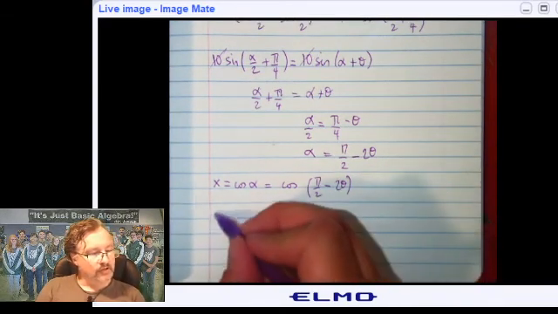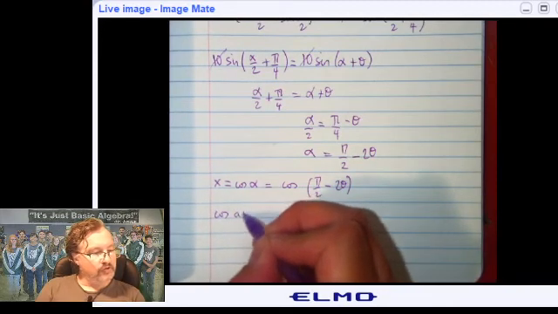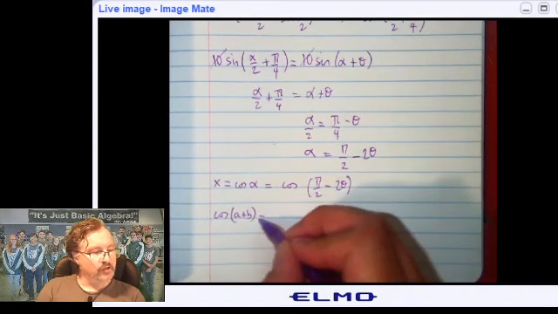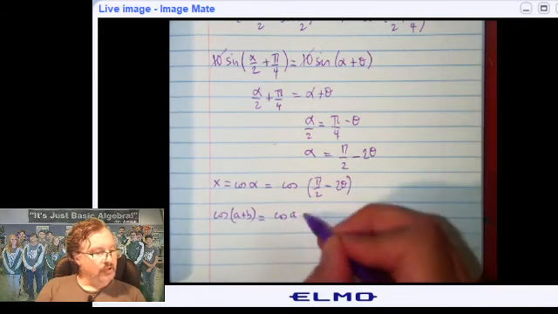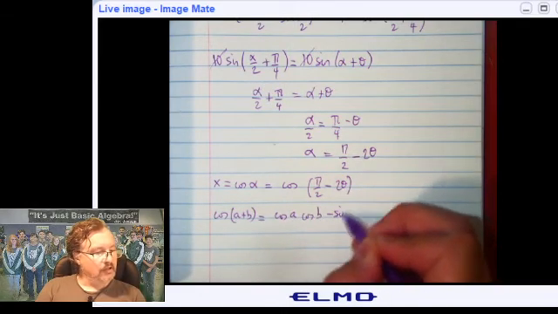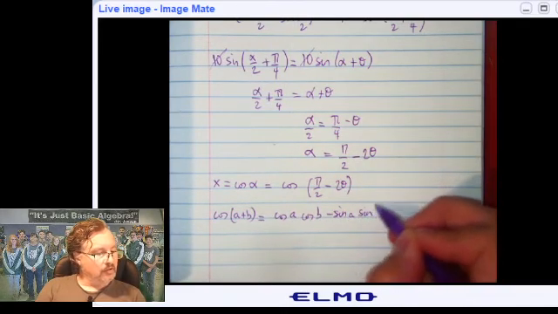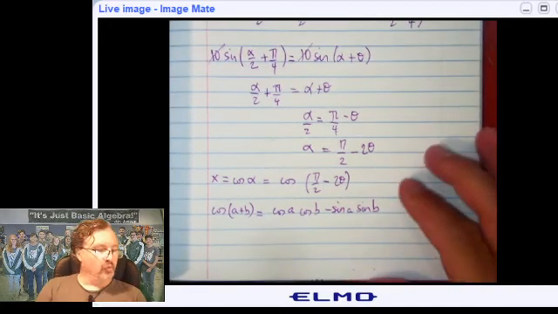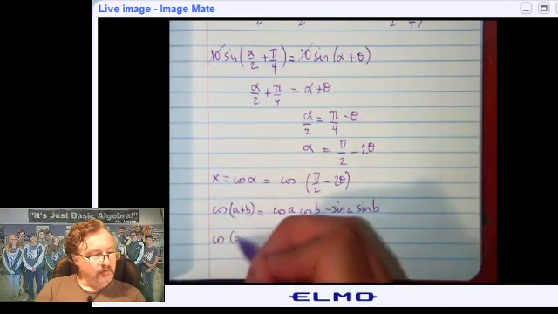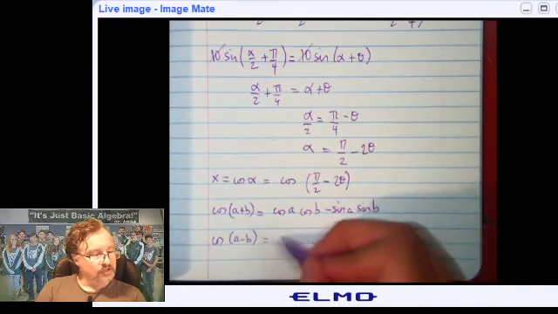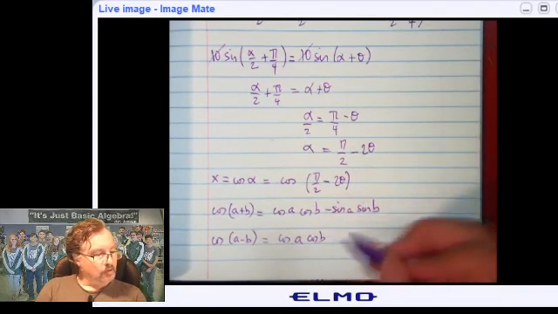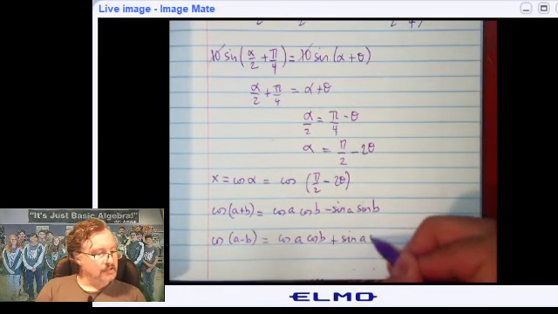For cosine of a plus b, remember that cosine of a plus b was equal to cosine A cosine B minus sine A sine B. Which also means that cosine of A minus B was cosine A cosine B plus sine A sine B.